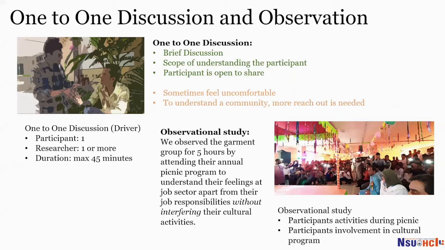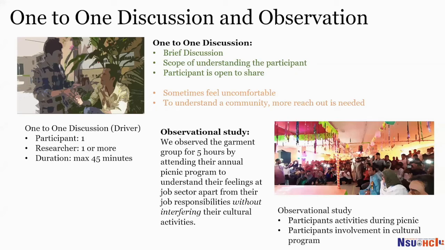But it is not always okay, because the participant may not feel comfortable being alone with the researcher. So sometimes they just stop their conversation. But we found that the participants were more open in our studies.